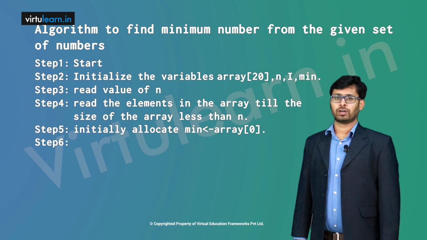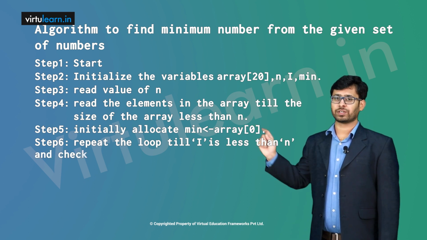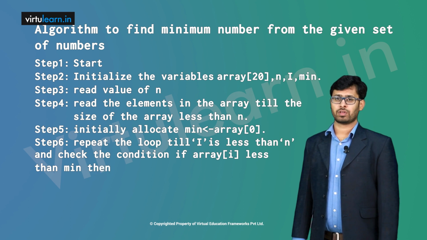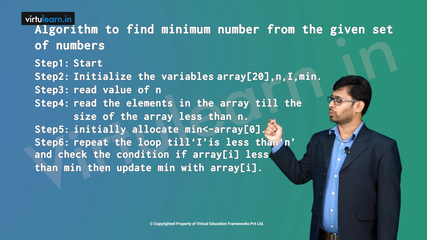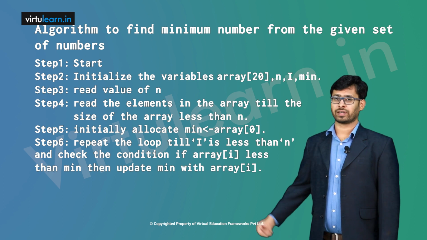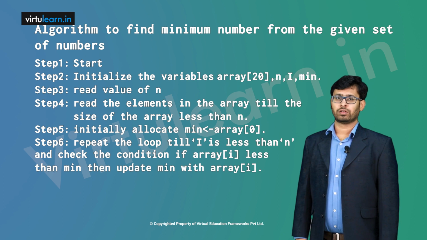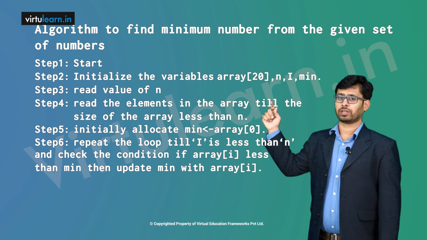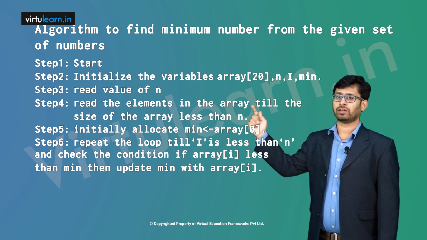Step 6, repeat the loop till i is less than n and check the condition: if array of i is less than minimum, then update the minimum with array of i. Whatever element is stored in the ith index, store that value in minimum. We need to repeat this process till i is less than n.